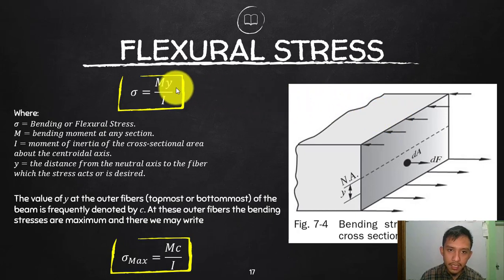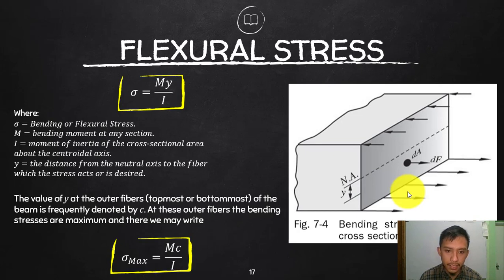So that distance y will become the distance from the neutral axis to the outermost fiber, and we commonly denote that as C, the centroidal distance from the extreme surfaces. If that is a rectangular section, your neutral axis is found exactly at the centroid in the middle. So your distance from the neutral axis to the extreme upper part and the lower part is the same. So you can just divide the height by 2.